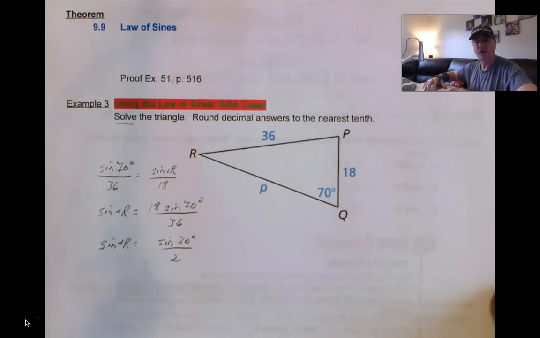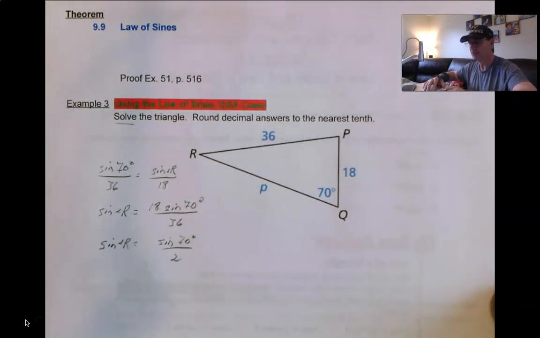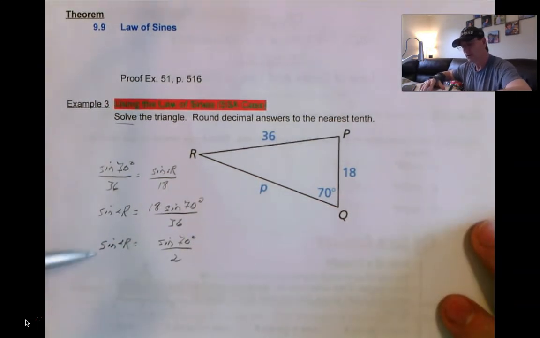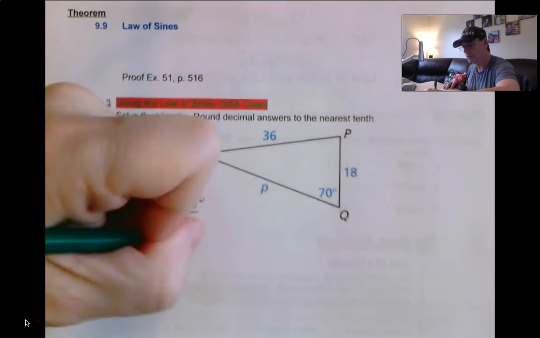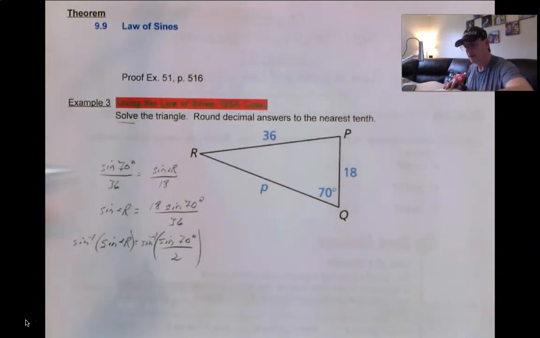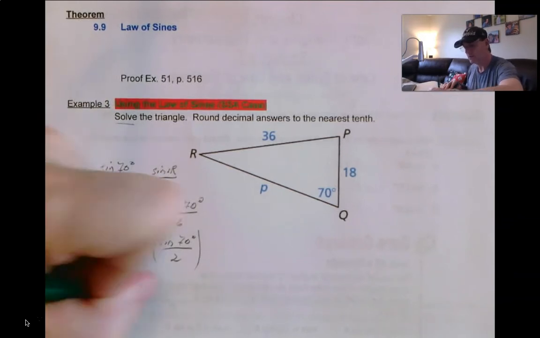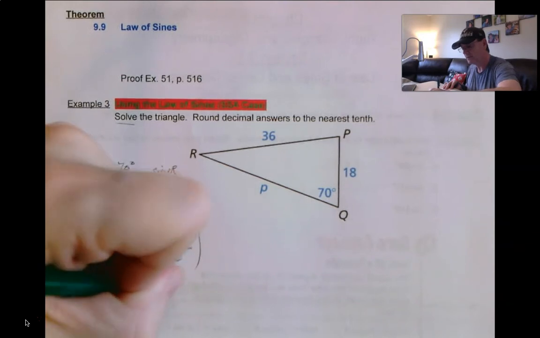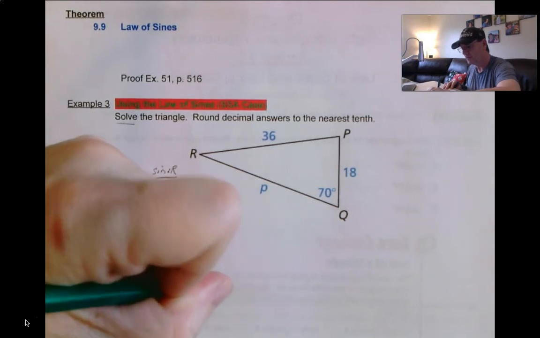That means find all the missing sides and all the missing angles. We're finding our first missing angle, then we're going to find this angle, then we'll find this side in the end. Those are the three things that are missing in this problem. So I don't want to know sine of angle R, I want to know angle R. So to know that, we need to do inverse sine, or sine inverse of both sides. So now I have angle R equals sine inverse, or inverse sine, sine 70 degrees over 2.